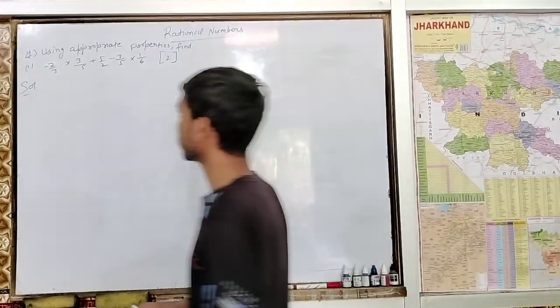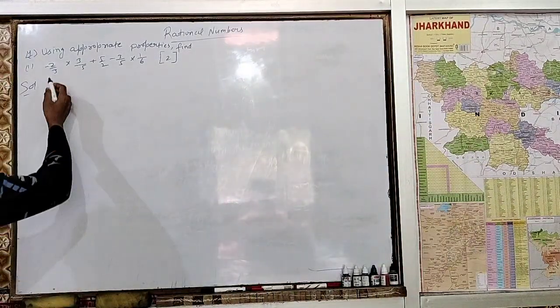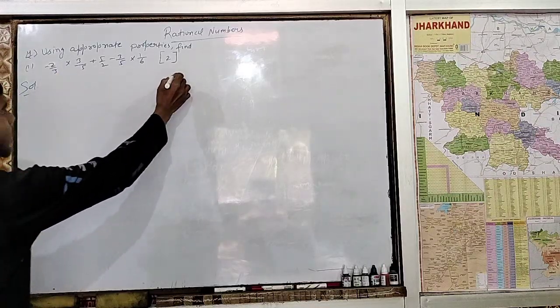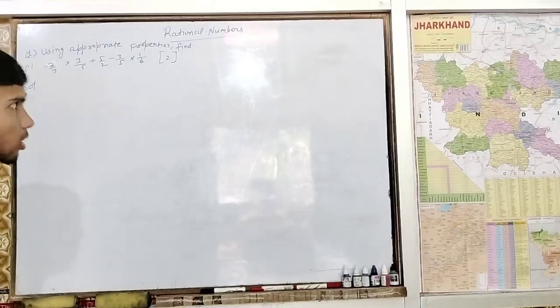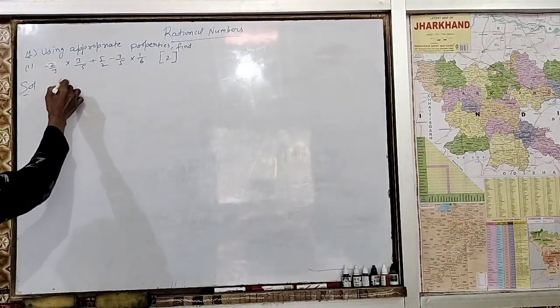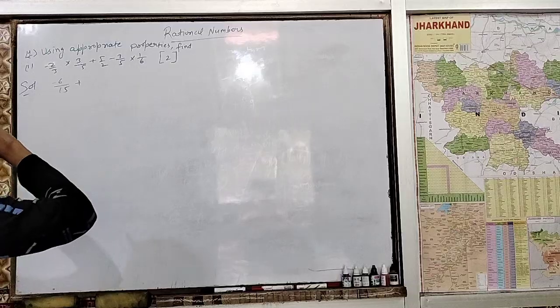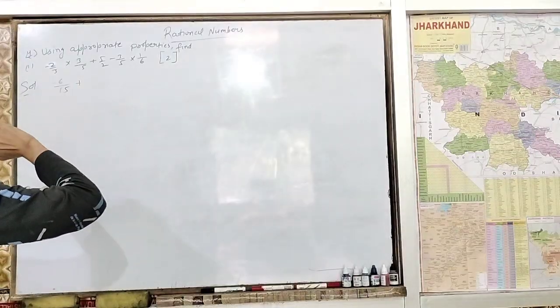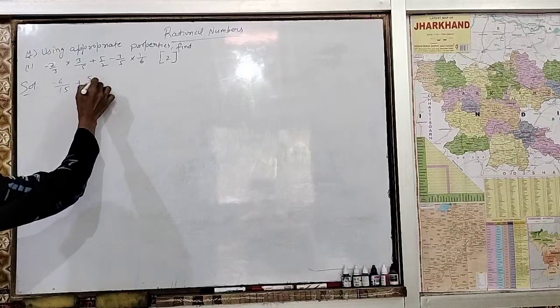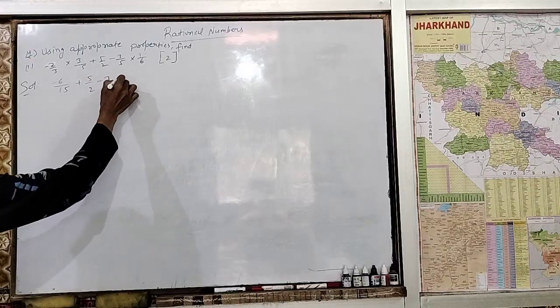Here, it will become what? Look here, the answer should come 2, logically. So it will become minus 6, it will become 15. Then what else? We have 5 upon 2 minus 3 upon 5.